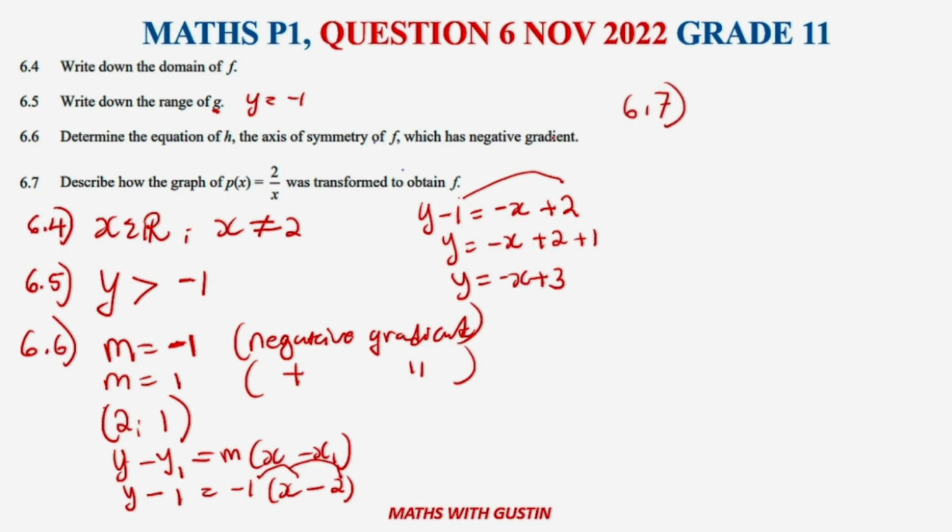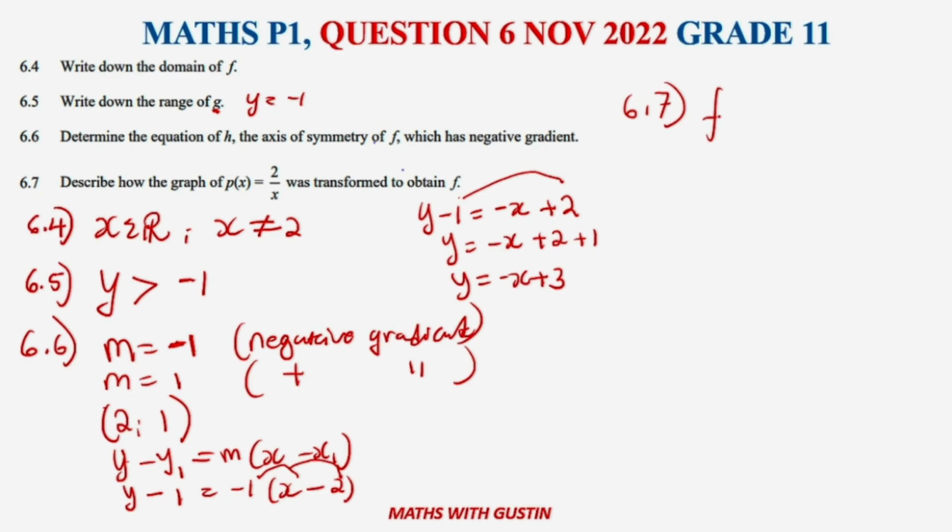6.7 says describe how the graph of p of x, which is given by 2 over x, was transformed from f. How was this graph transformed from f of x, guys?